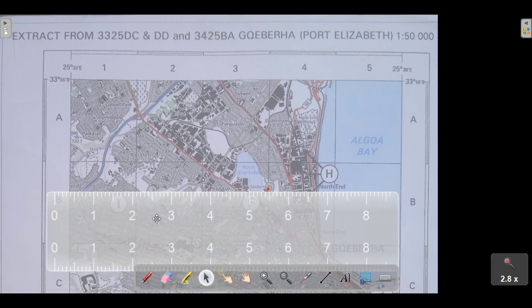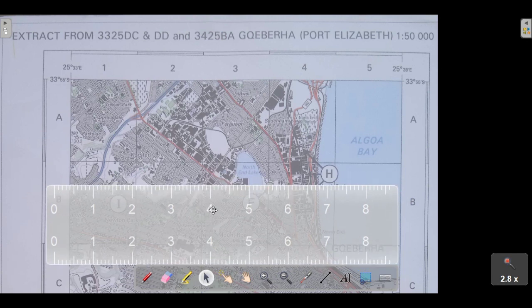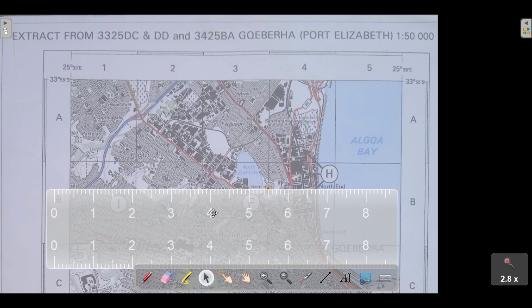So I'm just going to line up my ruler across the map until its top edge lines up with that point right over there. Now we will calculate. This point right here is 33 degrees 55 minutes.